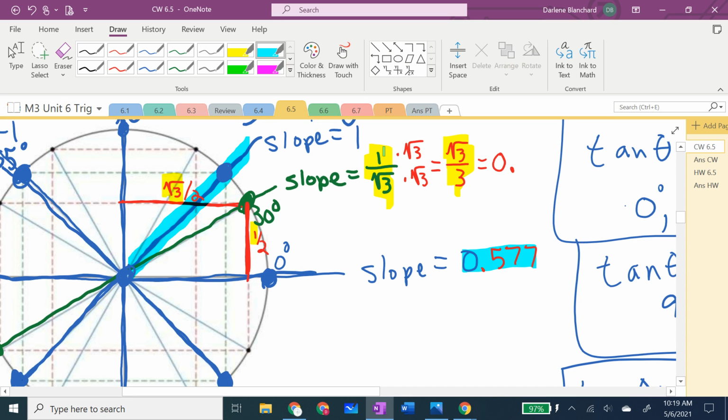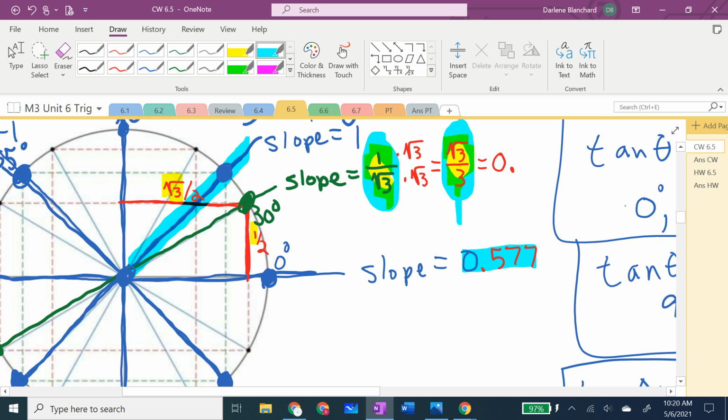When you look at either 1 divided by root 3 or root 3 divided by 3, just look at those fractions. Do you see those are fractions that are less than 1? These are both numbers that are smaller than 1.